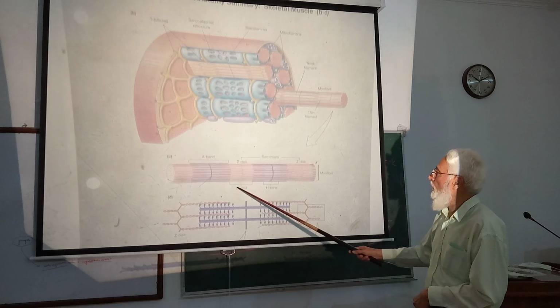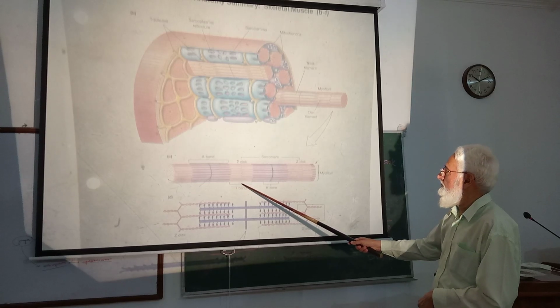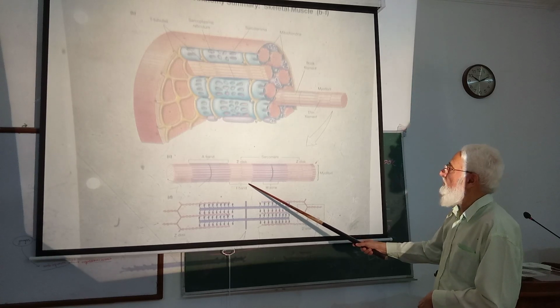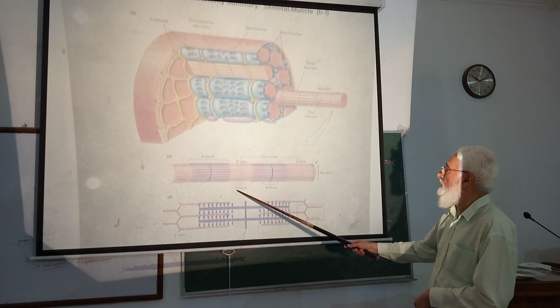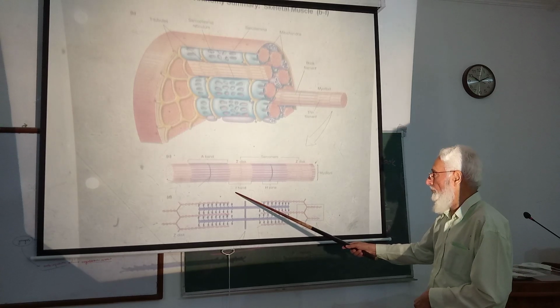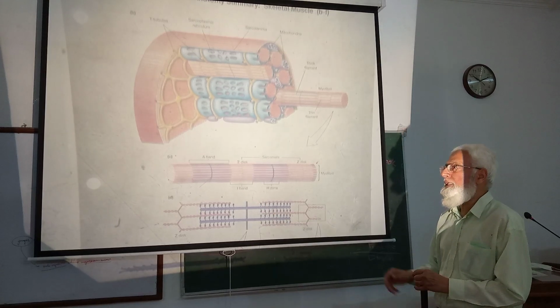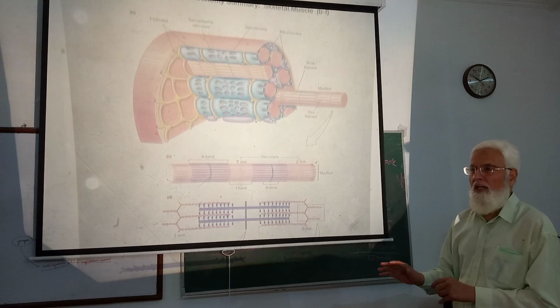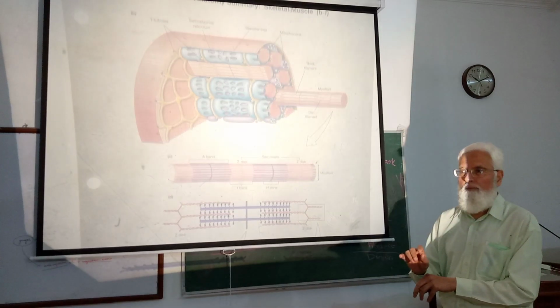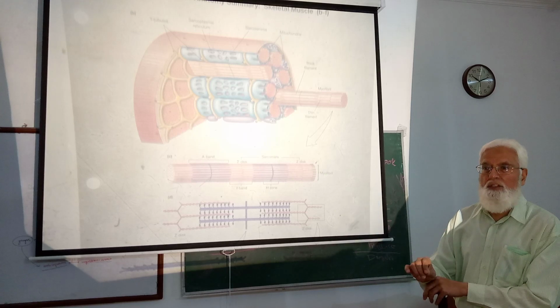Light bands are also called I band because these are isotropic to polarized light. Isotropic means having uniform or equal refractive index to polarized light.